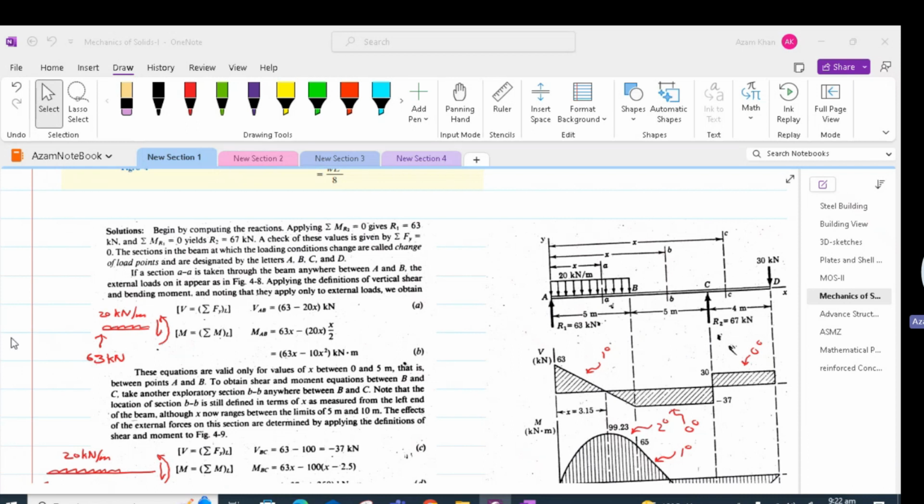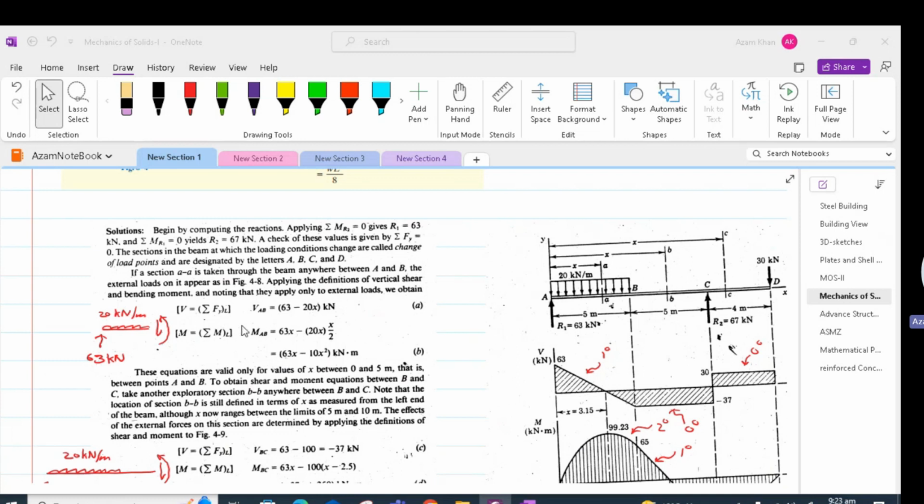At AA, we have the reaction, we have the applied load, which is uniformly distributed, and we put the internal shear and moment. After this, we take summation of Fy equal to 0, remembering that the loads facing up are taken as positive.